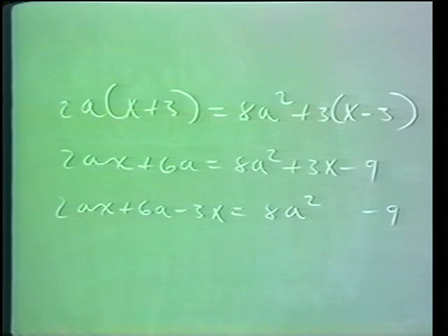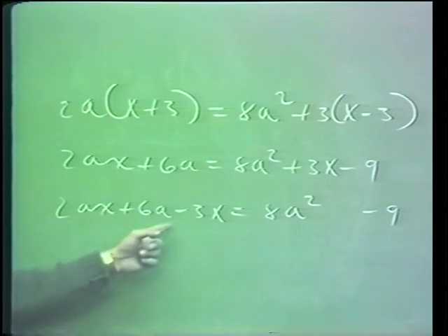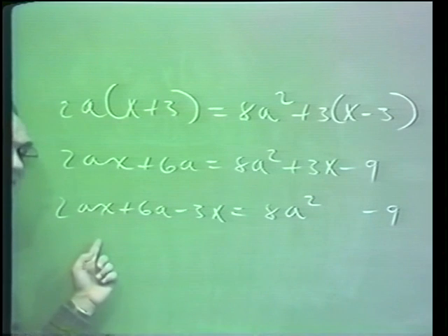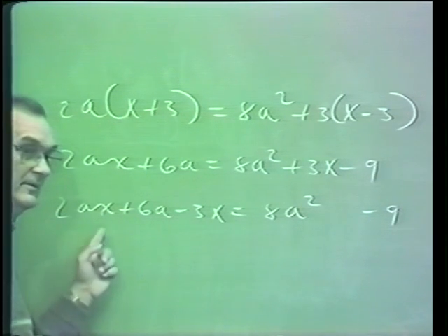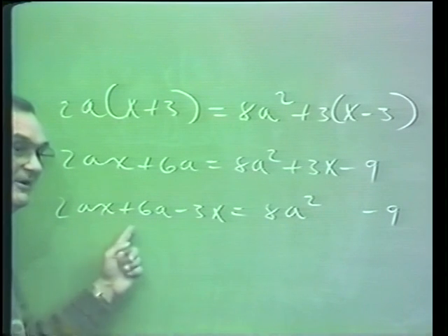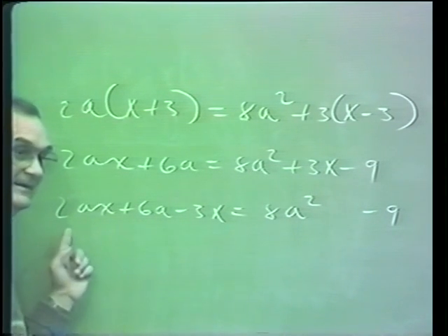Step 5 says get all the terms that don't have x off that side. Get all the terms that don't contain that variable off that side. Well, that means we have to get rid of the, what? 2ax? No, and 6x? No. Look over here. How many terms are on this side? 3.